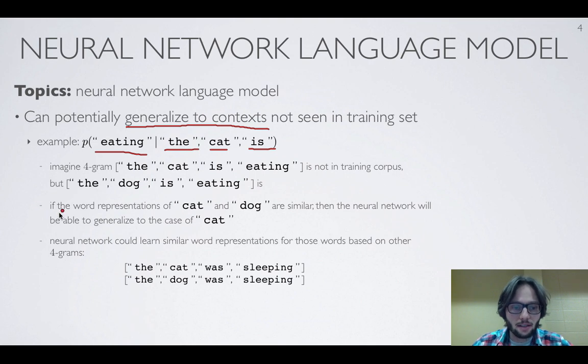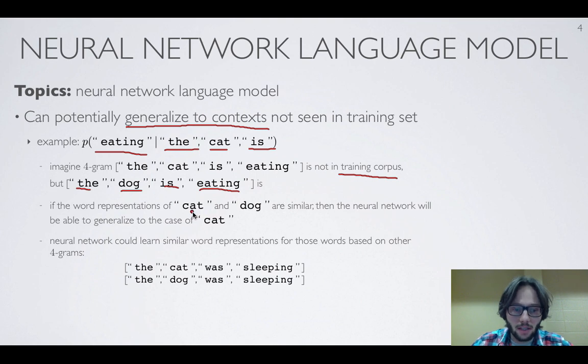Now imagine that the four-gram the cat is eating, which we would need in a regular n-gram model in order to assign a positive non-zero probability for seeing eating after the cat is, is actually not in the training corpus. But imagine that the dog is eating is actually in the corpus.